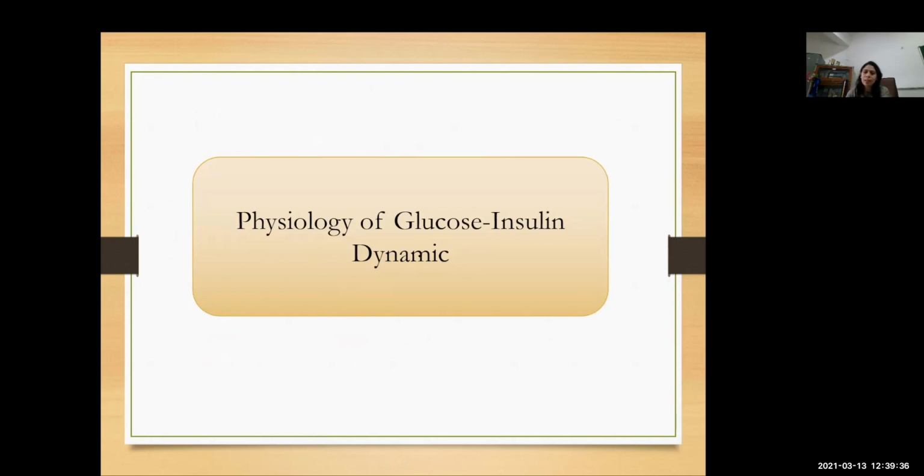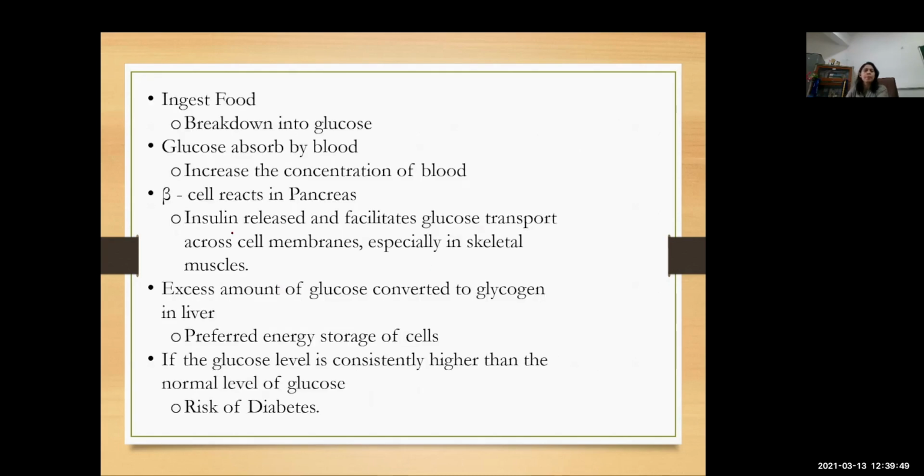Now, diabetes involves two terms, glucose and insulin. So first of all, we must understand the physiology of glucose insulin dynamics to develop the model for diabetes. First we ingest the food. Let us say this is the time t equals 0 when we have consumed our meal. Then the consumed meal breaks down into glucose, absorbed by blood.